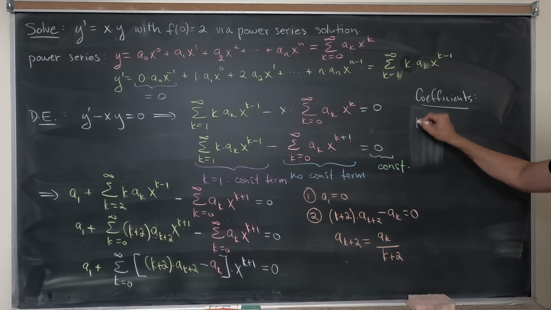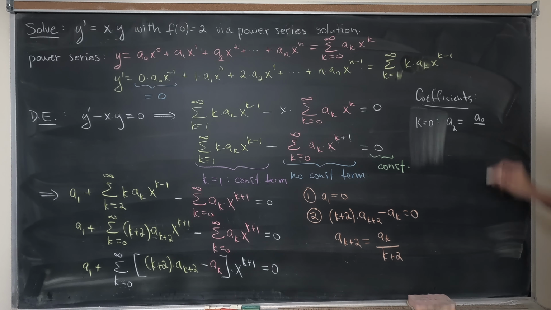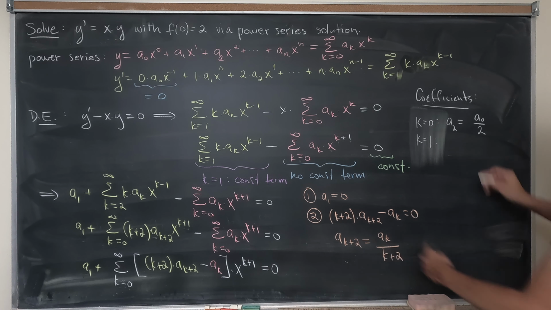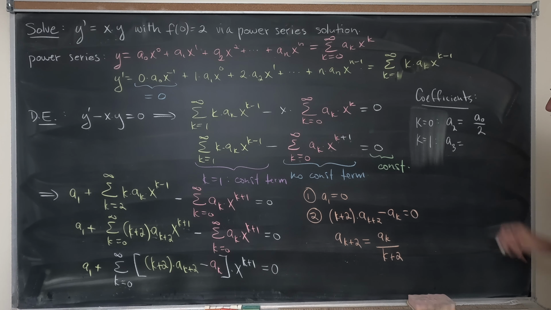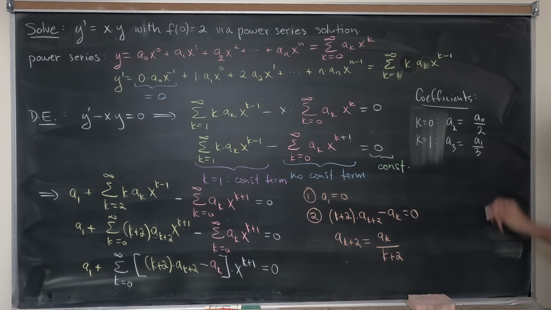Okay, so when k equals 0, we have a sub 2 equals a sub 0 divided by 0 plus 2, or 2. When k is 1, we have a sub 3 equals a sub 1 divided by 1 plus 2 is 3.